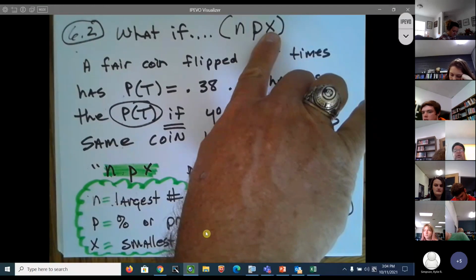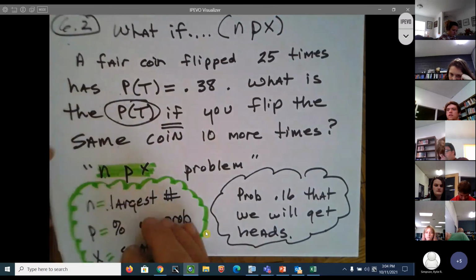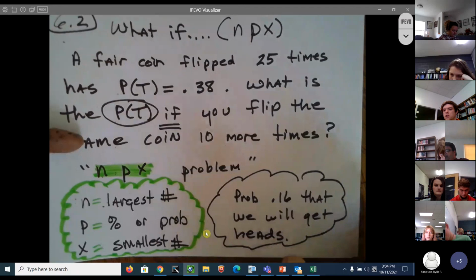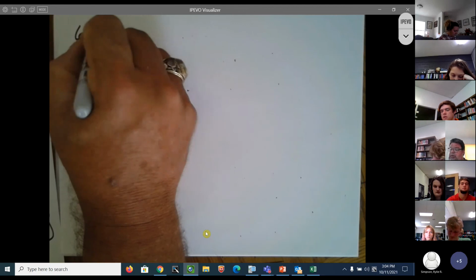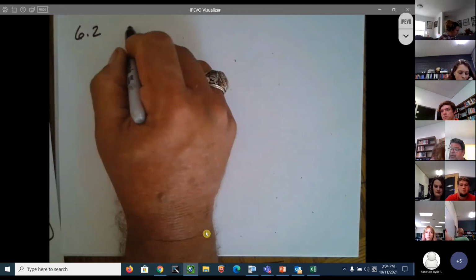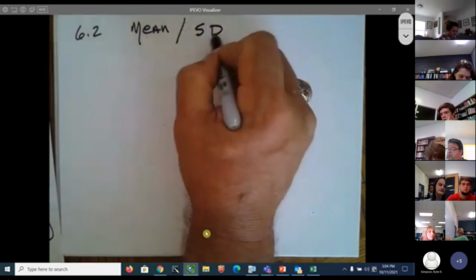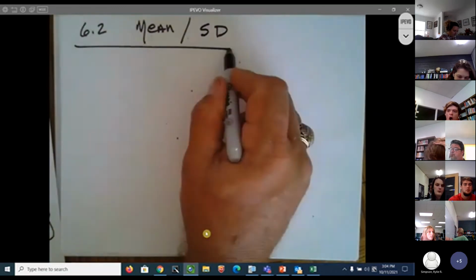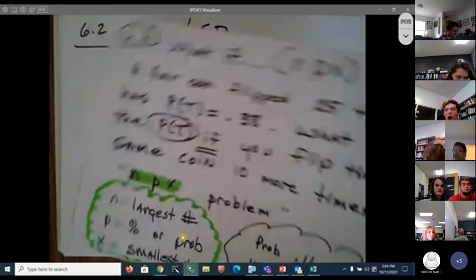Now I'm going to show you the other N problem that we're going to have in 6.2. And you're going to say, well, how do we know the difference? Well, with this problem in 6.2, they're going to ask you for the mean and the standard deviation. And this is real simple.